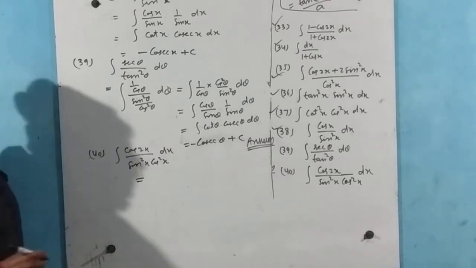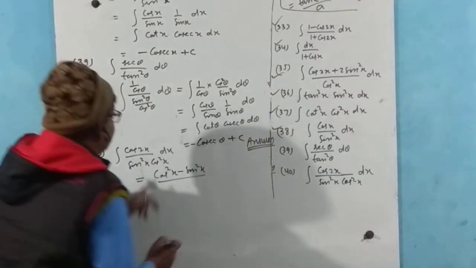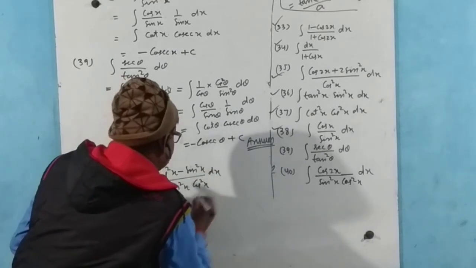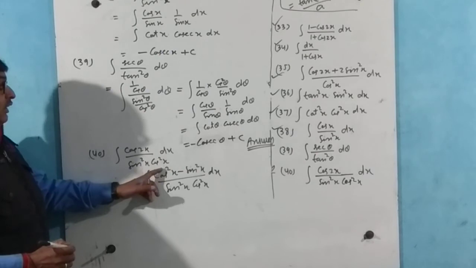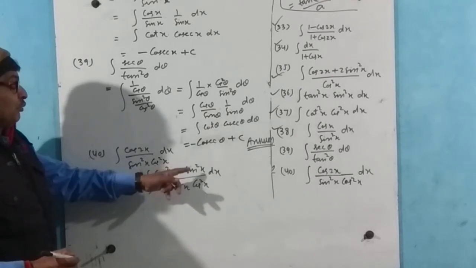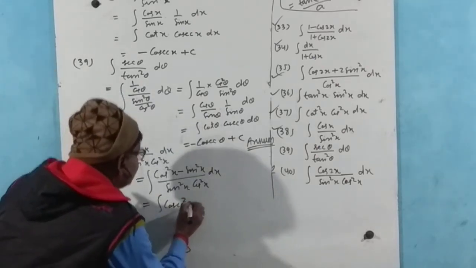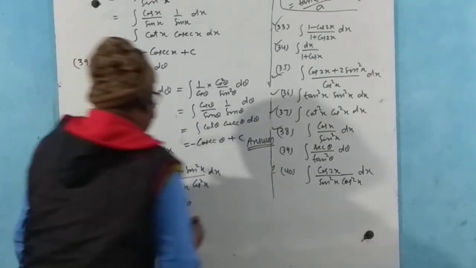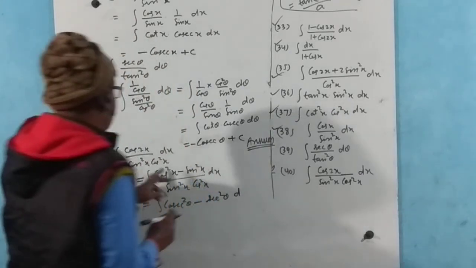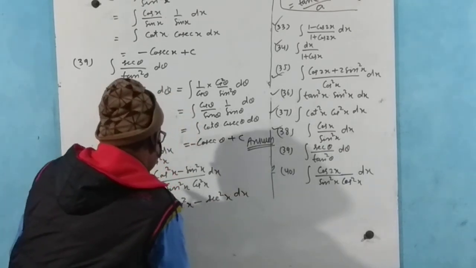This can be written as cos 2x equal to cos square x minus sin square x divided by sin square x cos square x, integration of this, and after separating and cancelling cos square x, we get 1 by sin square x minus 1 by cos square x, that is cosec square x minus sec square x dx, integration of this.